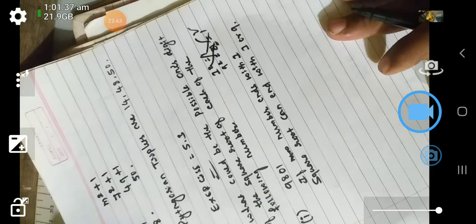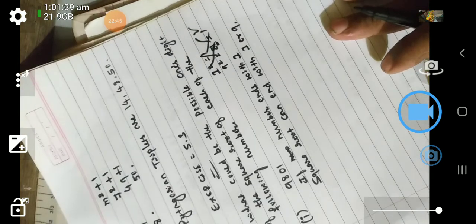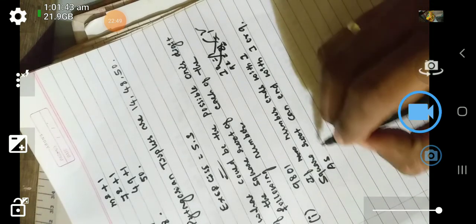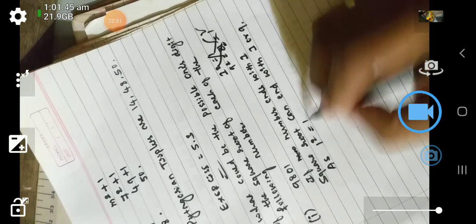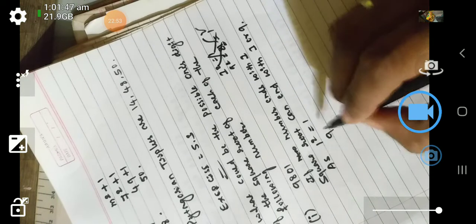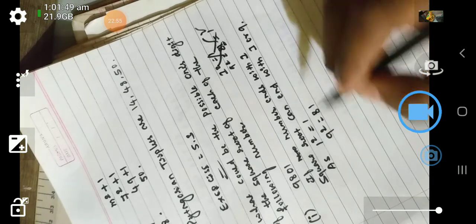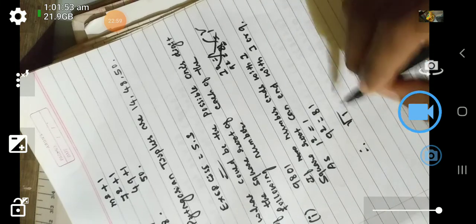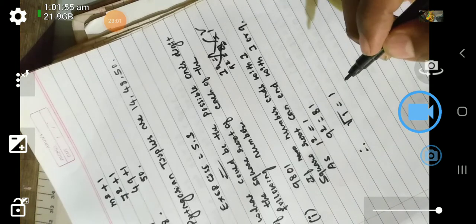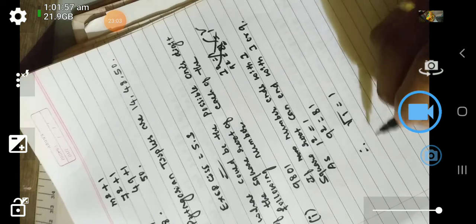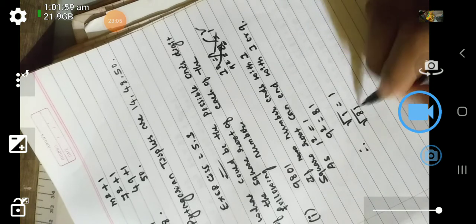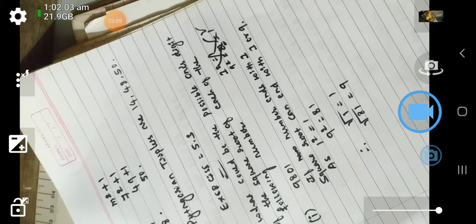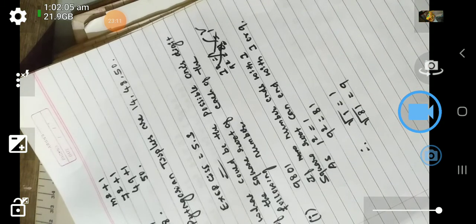So here, let's try to solve this. We can write that 1 square is equal to 1 and 9 square is equal to 81, correct? Therefore the square root of 1 is 1, right? The square root of 1 is 1 only, but the square root of 81 is 9.